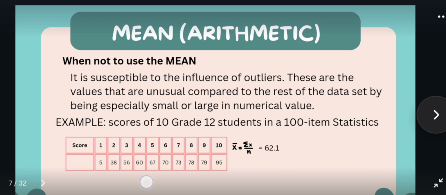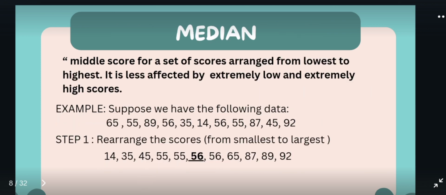Then we have the median. Okay. So the median is the middle score for a set of scores arranged from lowest to highest, and it is less affected by extremely low and extremely high scores. Yan. So since hindi siya naapektuhan ng mababa or mataas na score, we can use median.